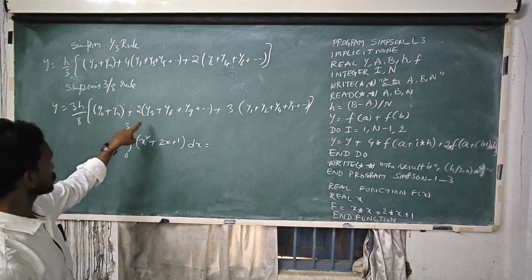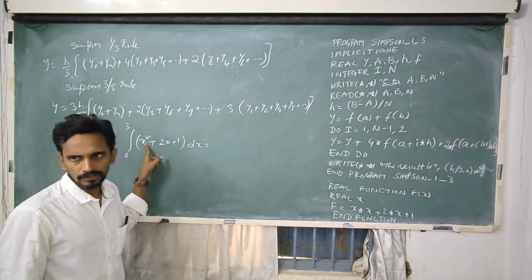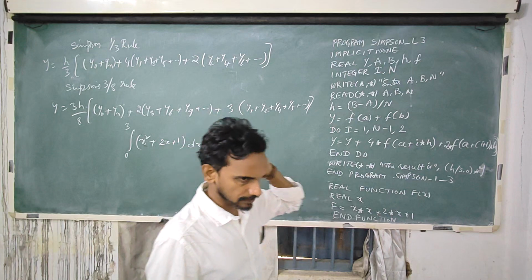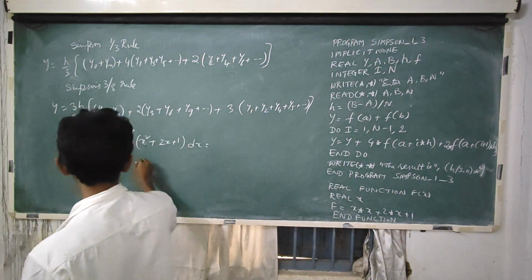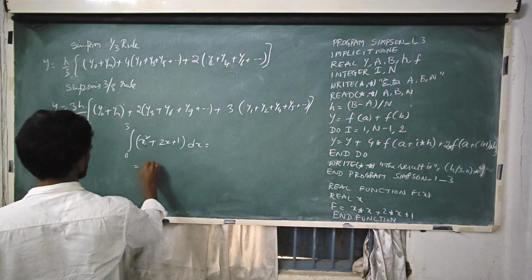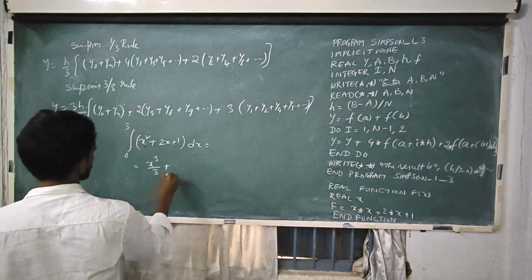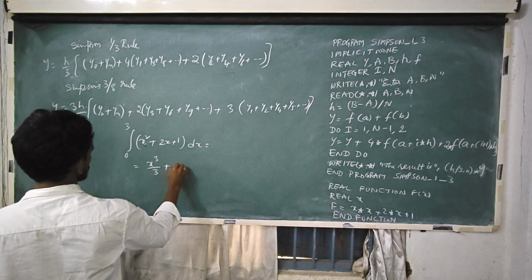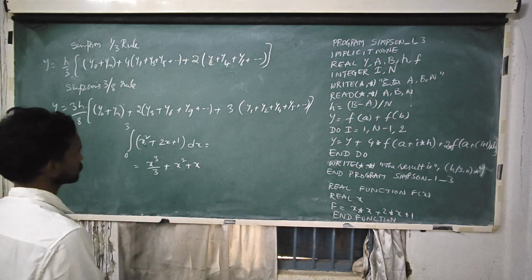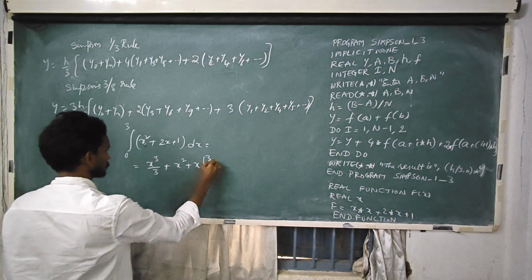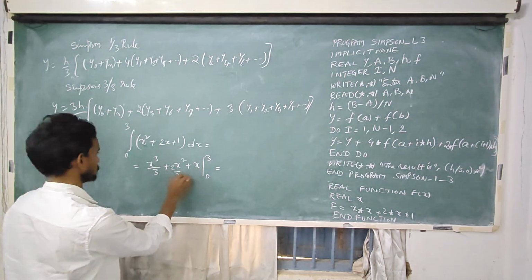Okay, so what is the result? So this is a second order function, quadratic function. So Simpson 1/3 rule will give you exact result. So what is the result here? The integral of x square plus x plus 1... x cube by 3 plus x square plus x, 0 to 3, raised to x square by 2.